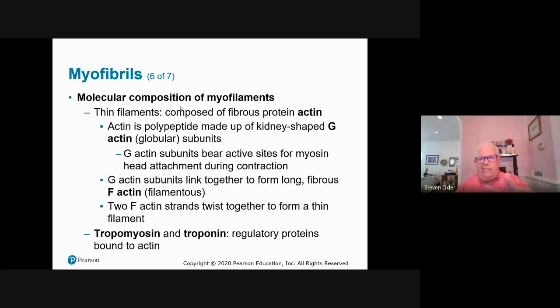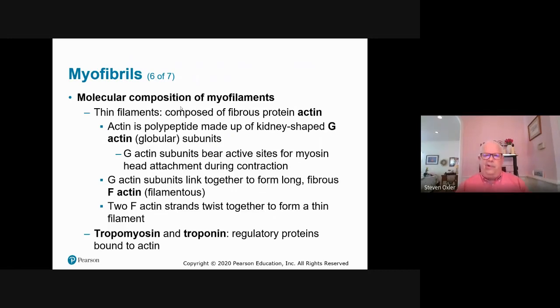So far you have two proteins that you have to know: actin and myosin. Actin and myosin are the structural proteins of the myofibril, and they come together and form a cross bridge. They cannot come together without two other proteins being involved.